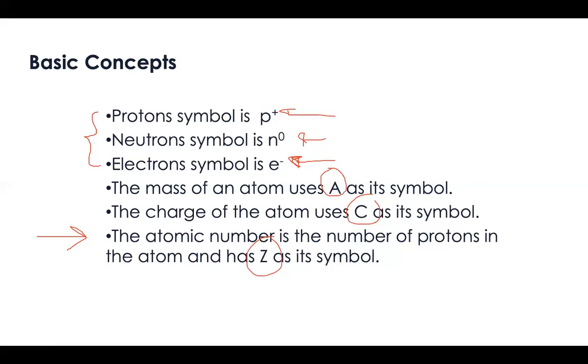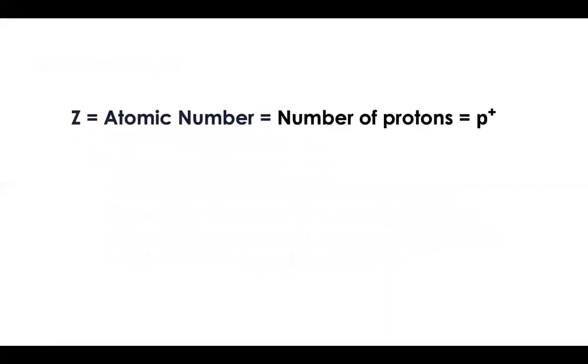So once we have reviewed these concepts, okay, we are going to review some formulas that will help us to determine, when we have an atom, which subatomic particles we have, okay? The first formula, well, it's a statement in which we say that the Z is the atomic number, and it's going to be equal to the number of protons, which are notated with the letter P+.